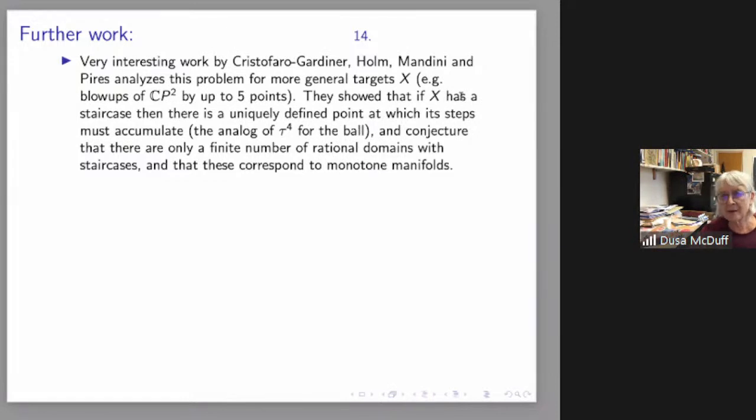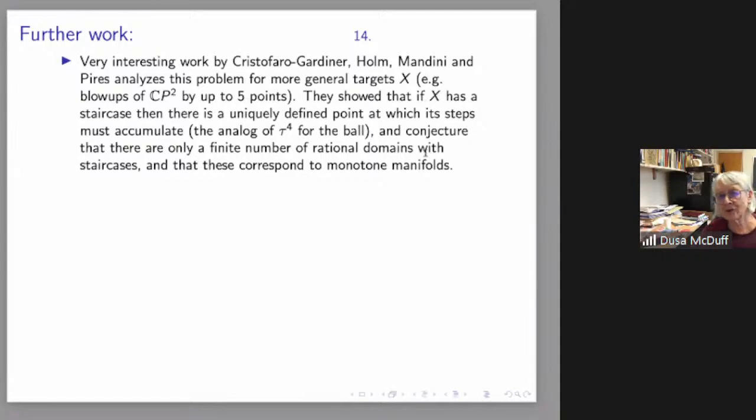And if there are infinitely many relevant obstructions, then these obstructions have the step form that I was describing, and the steps have to accumulate at a particular value, which is the analog of 2 to the 4th for the ball. So there's a particular number which has to be the accumulation point for a very general kind of target.